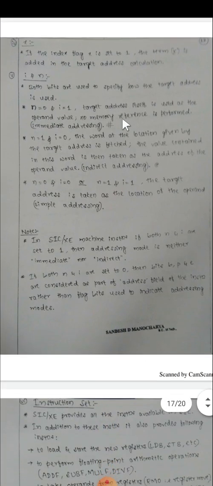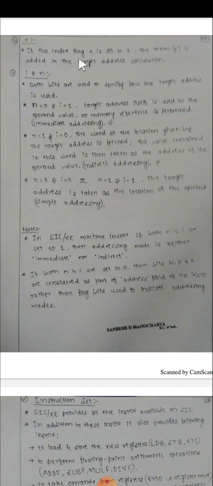Okay, then the X flag bit. If the index flag X is set to 1, then the content of register X is added in the target address calculation. Then I and N: if both I and N are 0 or 1, then it is simple addressing mode.